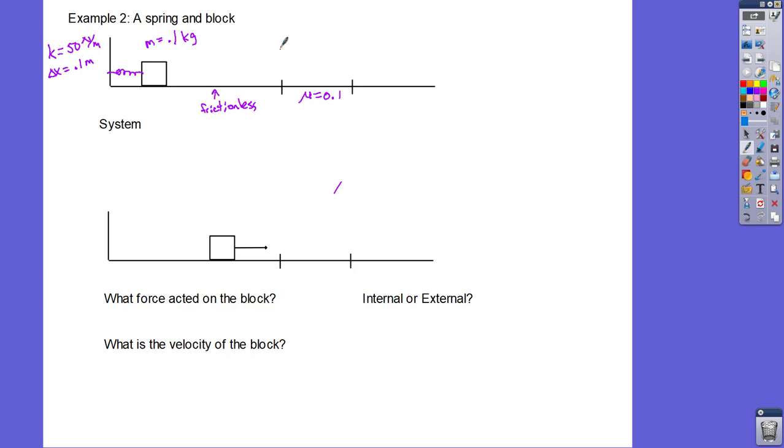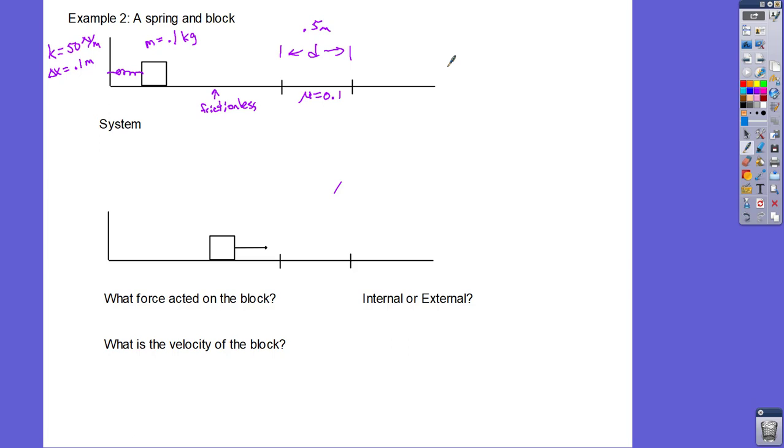And we're going to say this distance here is 1/2 meter. Okay, so basically we've got the spring compressed. We're eventually going to let it go. The block is going to slide. It's going to be frictionless for a while, hit the part with friction, and then continue on.